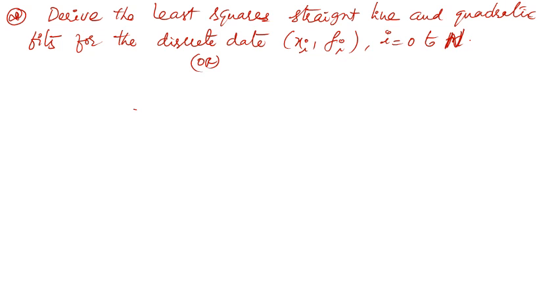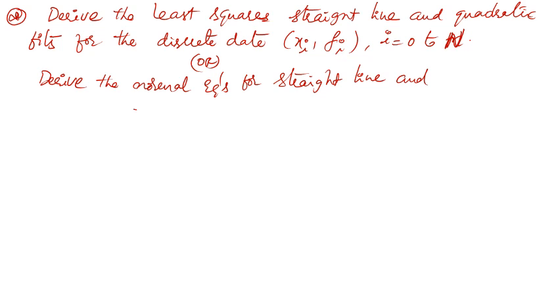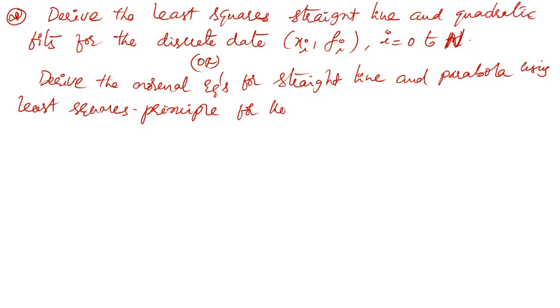Or the question may be: derive the normal equations for straight line and parabola, meaning a quadratic expression, using least squares principles, for the data xi, fi, i equal to 0 to n. Solution.